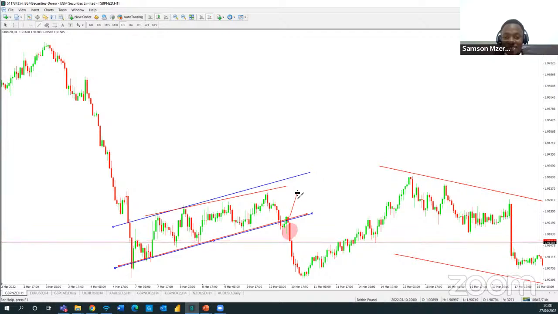So the aspect of retest here is a little bit subtle, as much as we want to look at it. But for me, it comes back to the point of, are you aggressive or conservative? Because if you're aggressive, then you'll take the trade anyways. And if you're conservative, then that will have given you a signal to maybe reconsider.